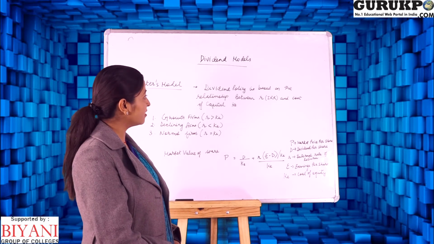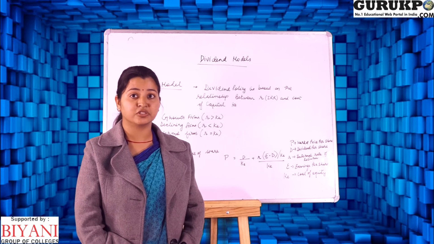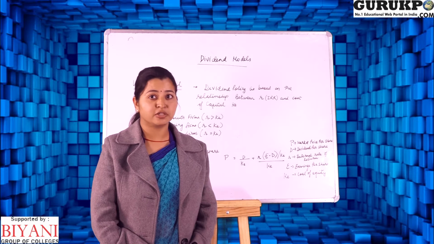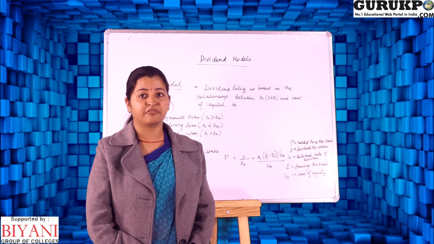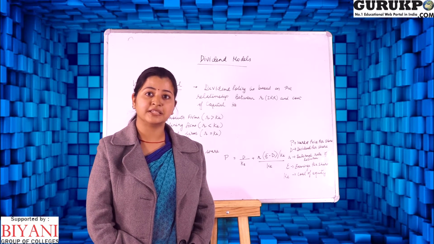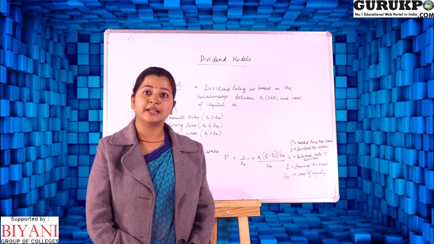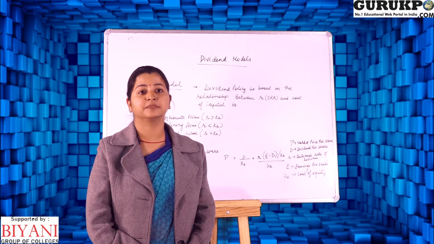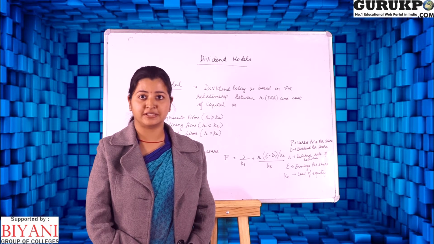And if the internal rate of return is less than cost of equity, the firm should distribute its entire profit in the form of dividend. It means it should keep a 100% payout ratio because it does not have investment opportunities.